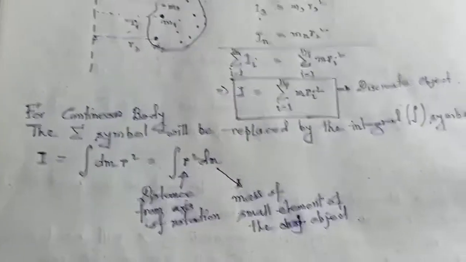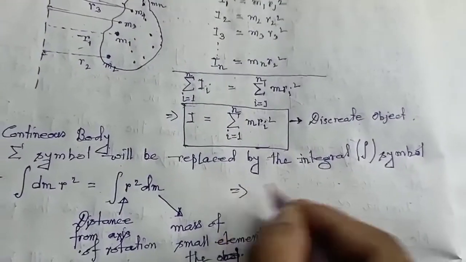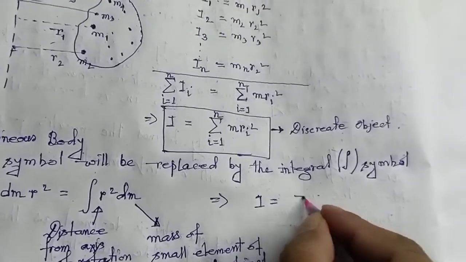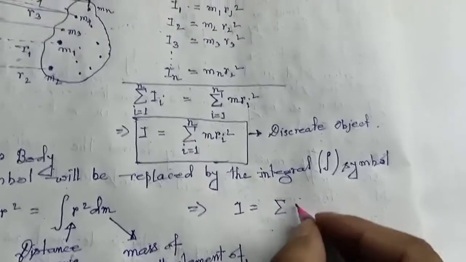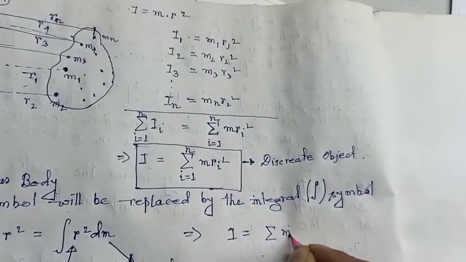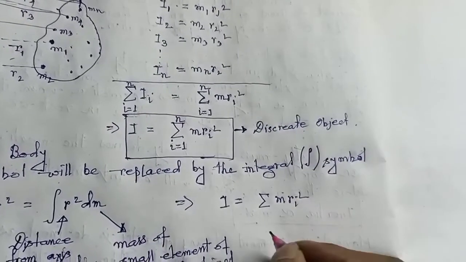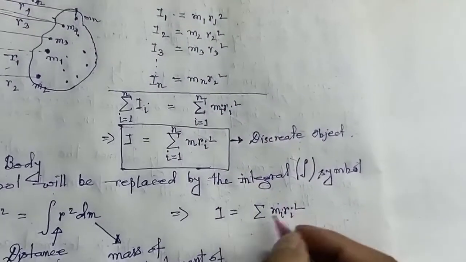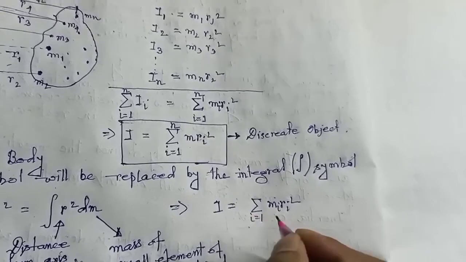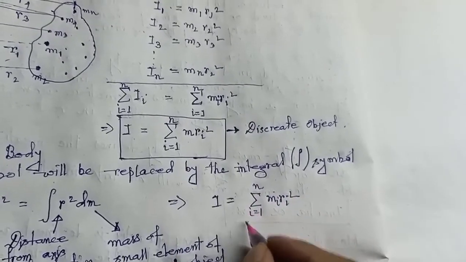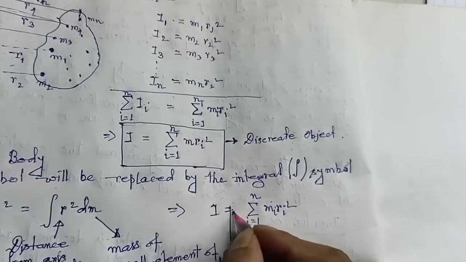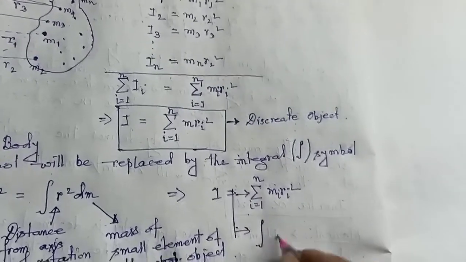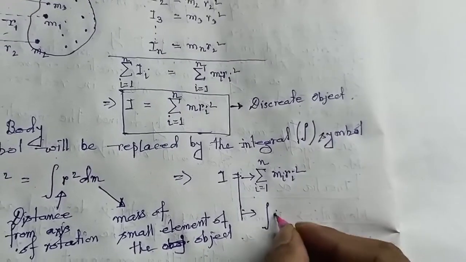So basically, moment of inertia is defined as I equal to the summation of m ri square from i equal to 1 to n, and this is also equal to the integration of r square dm.